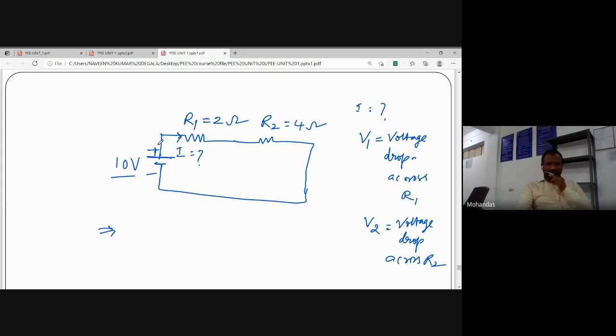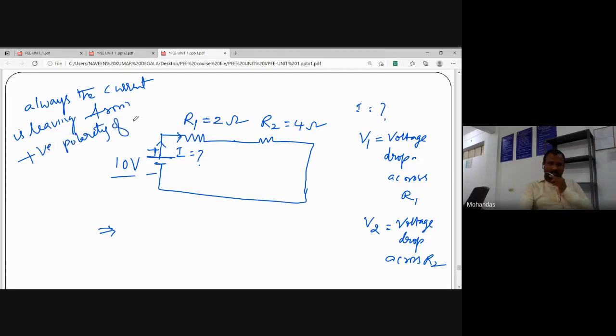Always the current is leaving from the positive terminal, the positive polarity of the battery. Current always flows leaving from positive like this. Okay? So I have to calculate this current I.